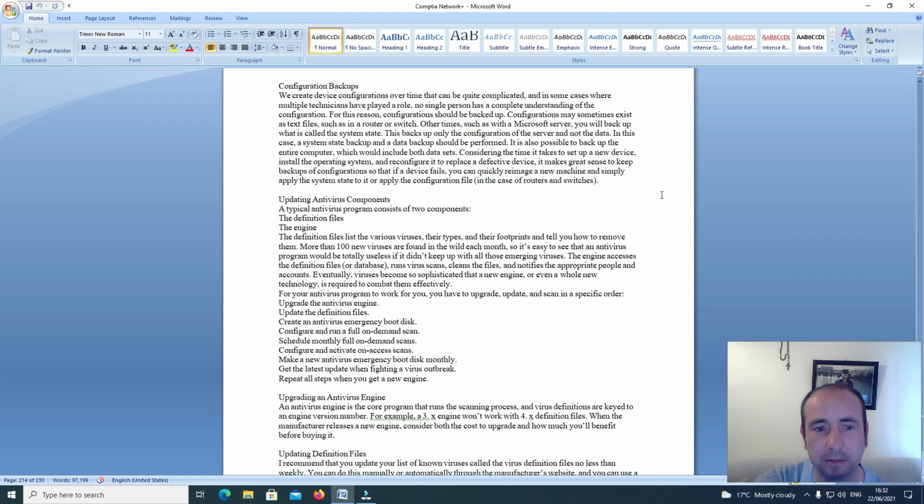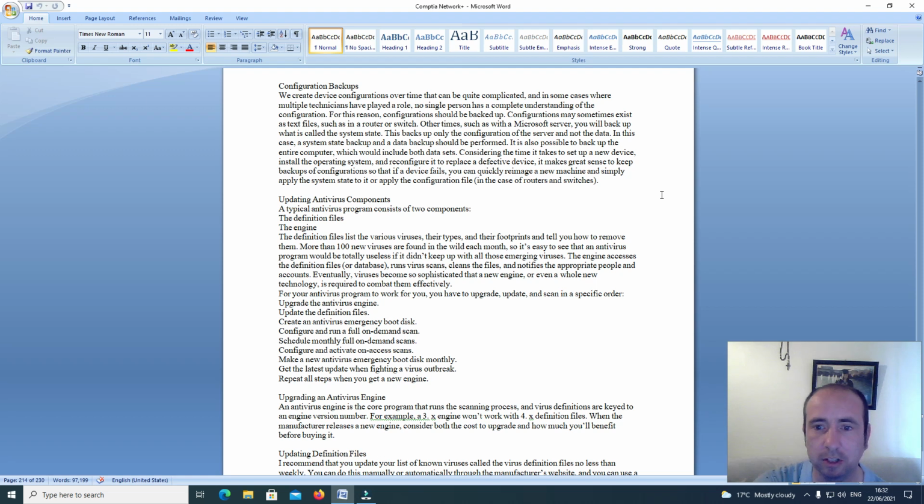Configurations may sometimes exist as text files, such as in a router or switch. Other times, such as with a Microsoft server, you will back up what is called the system state. This backs up only the configuration of the server and not the data. In this case, a system state backup and data backup should be performed.